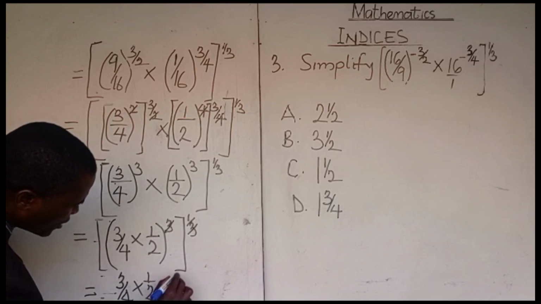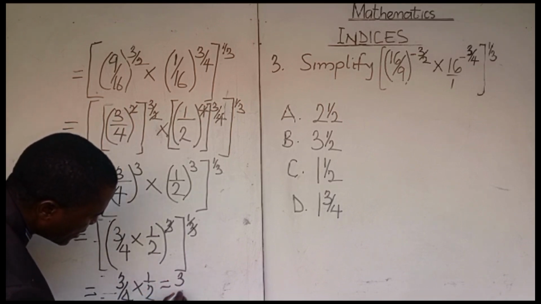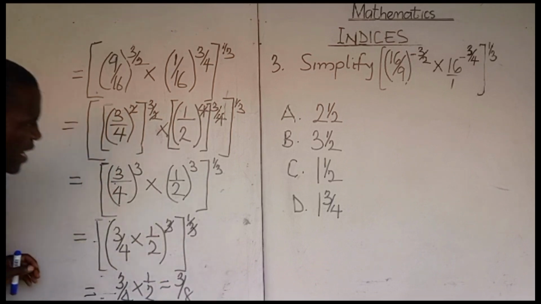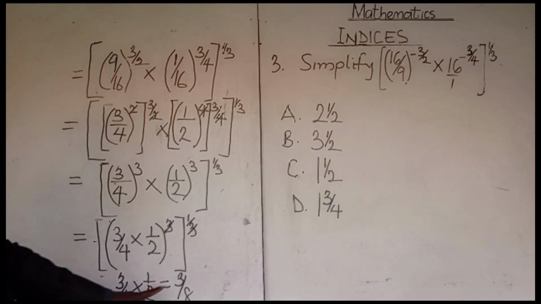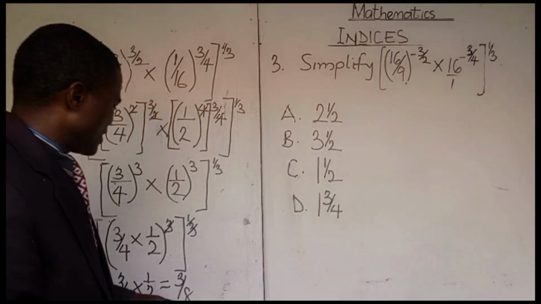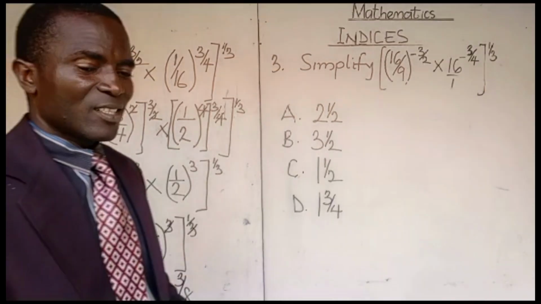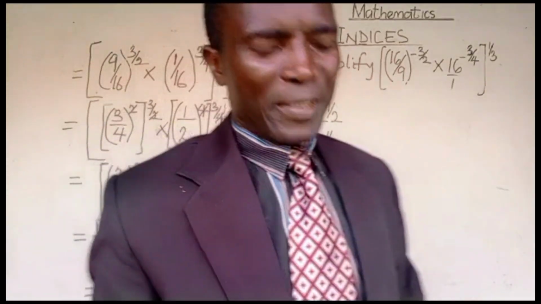And that will give us 3 all over 8. So the final answer is going to be 3 all over 8. I want to believe it's clear to everybody.